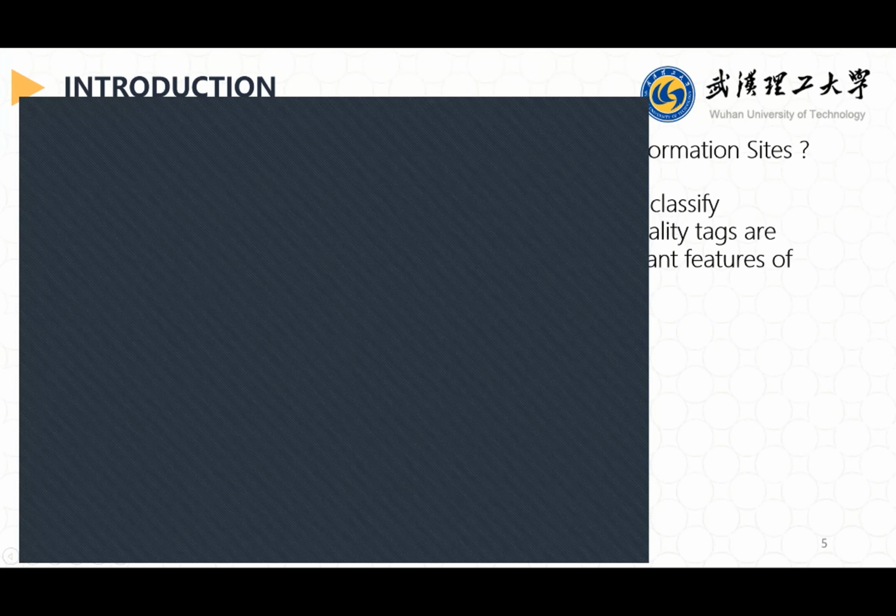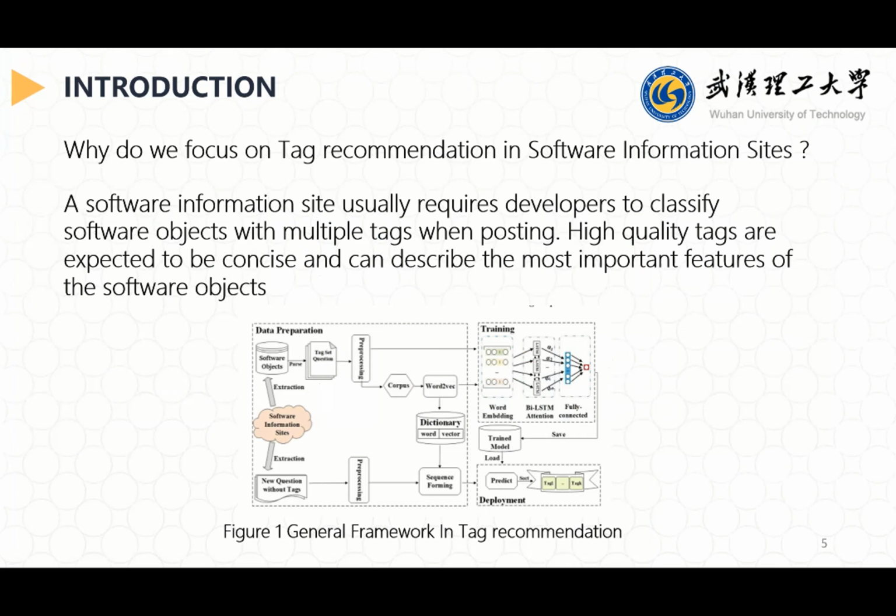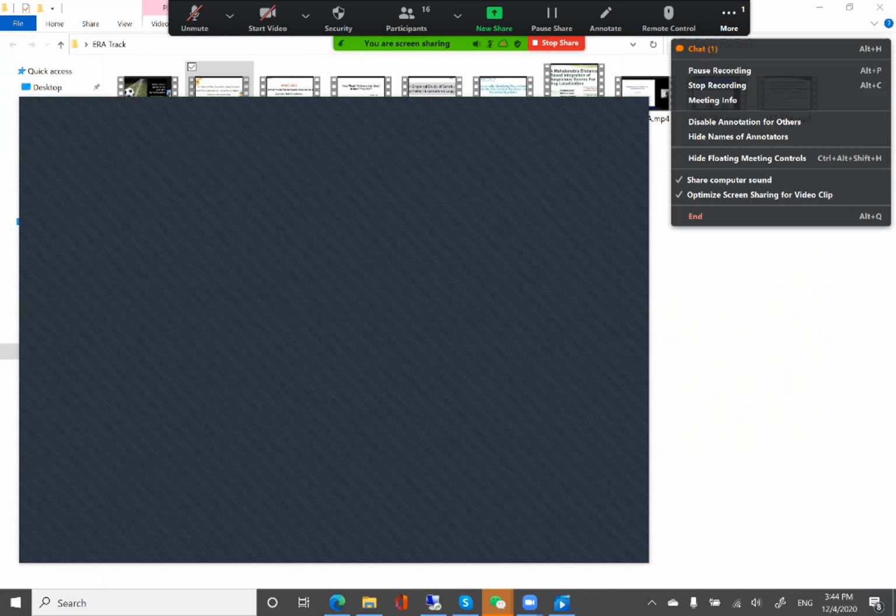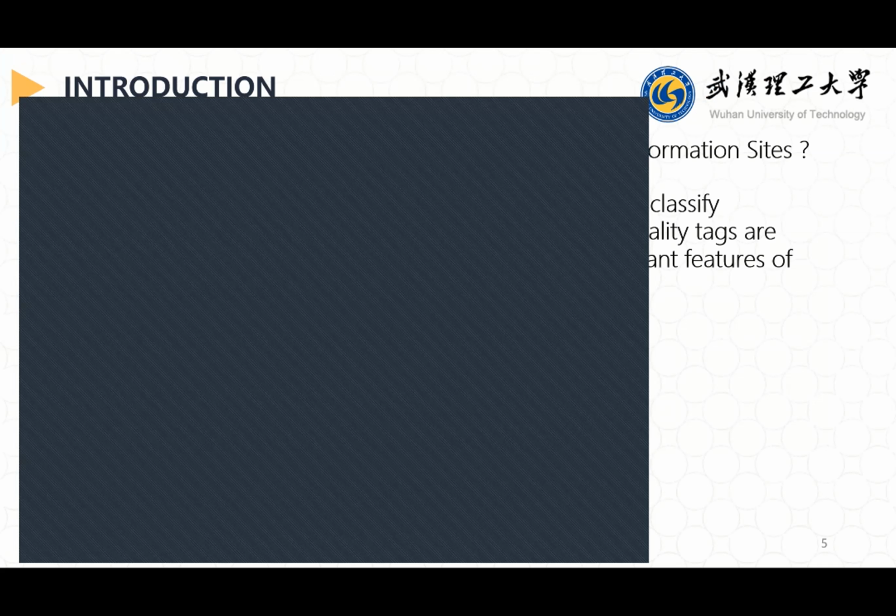In addition, a software information site usually requires developers to classify software objects with multiple tags when posting. High-quality tags are expected to be concise and can describe the most important features of the software objects.